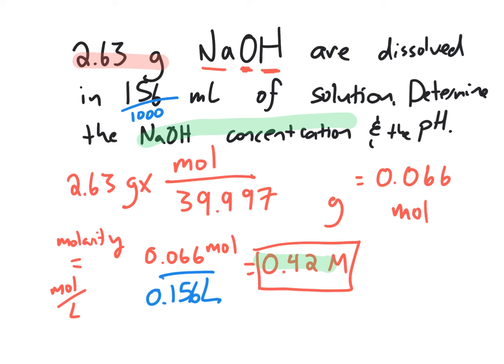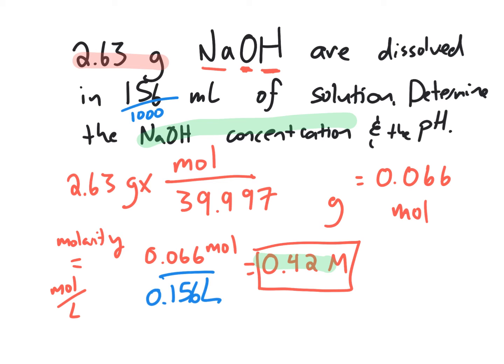And then the second step asks me for the pH. This is where we have to think for a minute. pH is based on free hydrogen ions. This has OH.